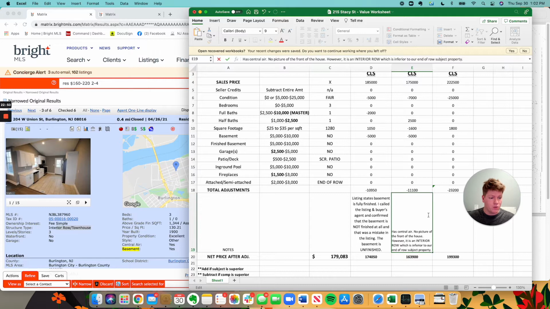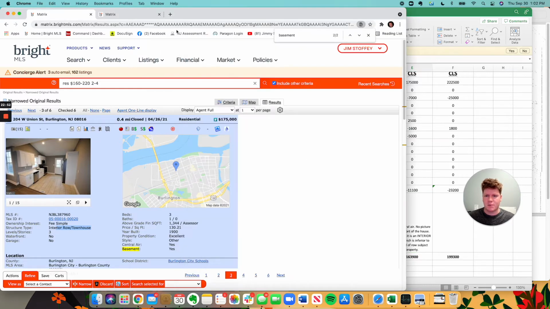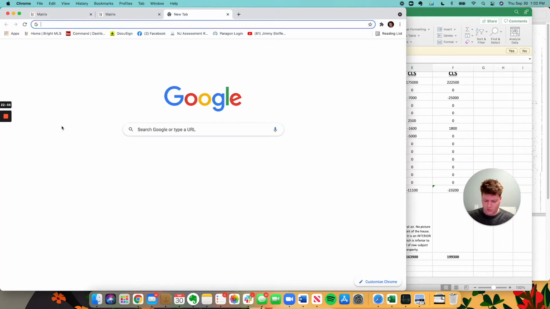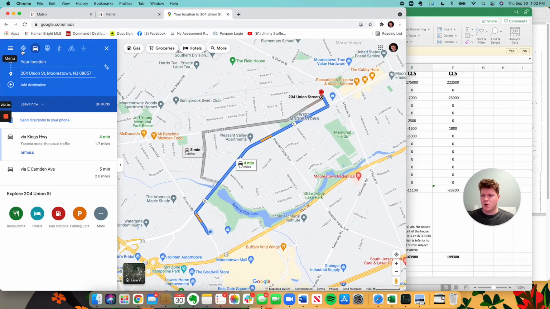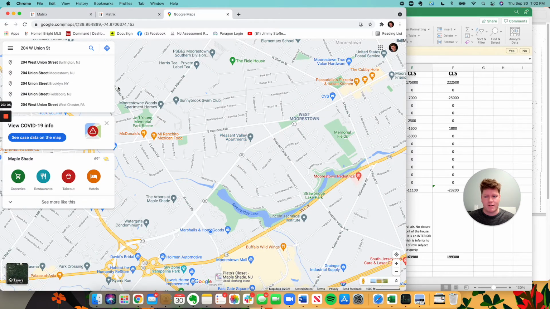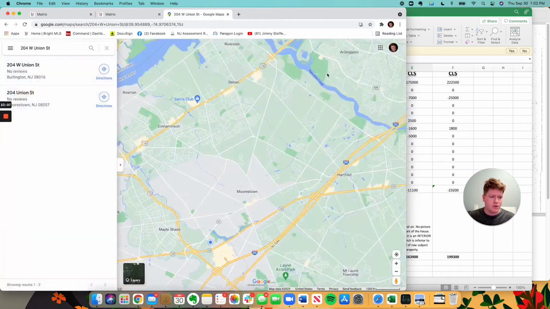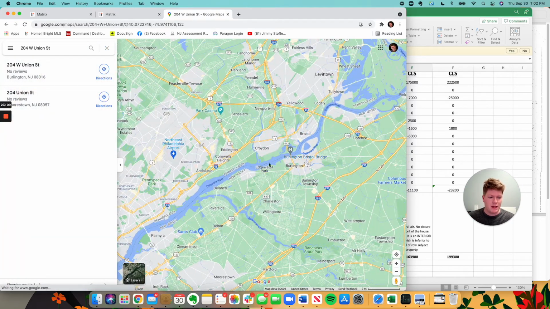So I'm going to Google Maps this real quick, and I'm going to attach the picture in an email. 204 West Union Street. I think that sometimes you overcomplicate and you're like, Google Maps, well, I wouldn't have thought to do that because I wouldn't have originally. But it's going in front of a person, and it's an opinion of value. So is this going to influence their opinion?